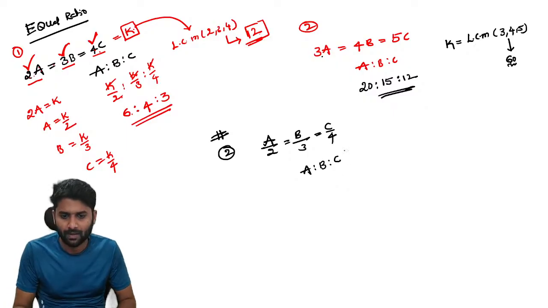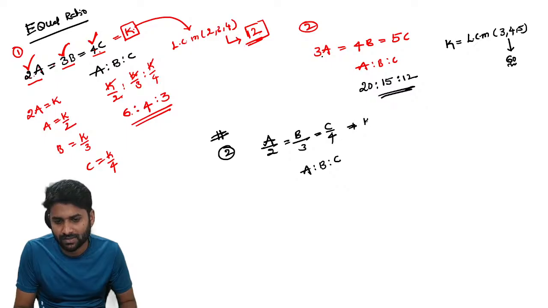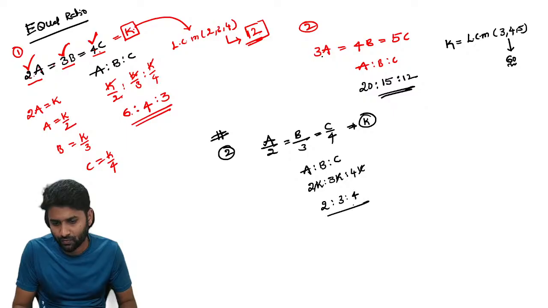Now, equal means the value is the same. If A by 2 is K, then A value is 2K. B by 3 is K, then B value is 3K. C by 4 is K, then C value is 4K. Now the final ratio is 2 is to 3 is to 4.